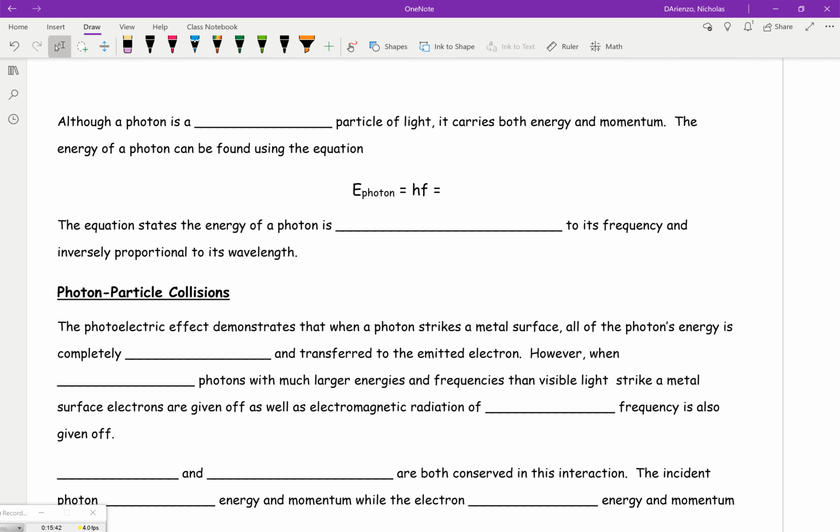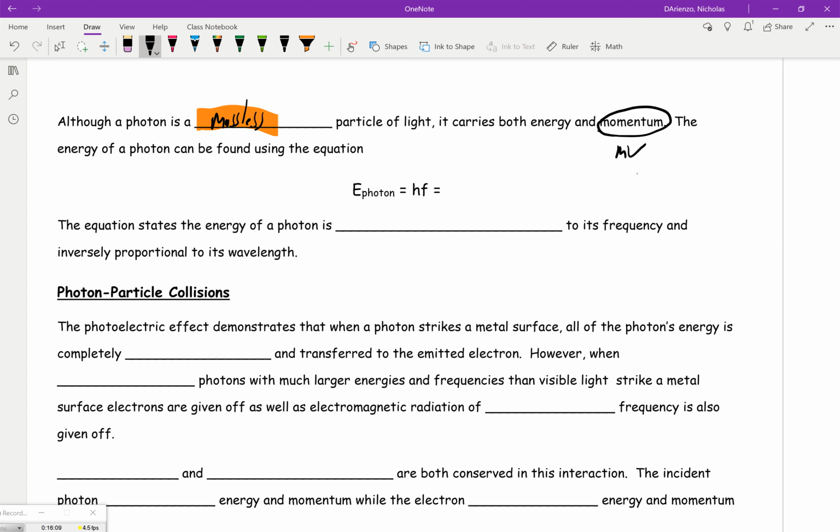So although a photon is considered a massless particle of light, it carries both energy and momentum, which is kind of interesting, because if you have momentum, that means you have a mass and a velocity. So photon is massless.